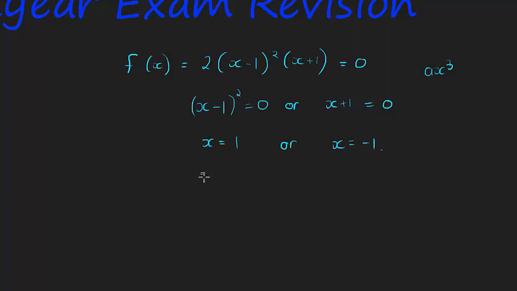And so they asked me for the coordinates, so I had to put 1 for x and 0 for y, and negative 1 for x and 0 for y. So stupidly simple. So you got a mark for making it equal to 0, and then for each correct coordinate.